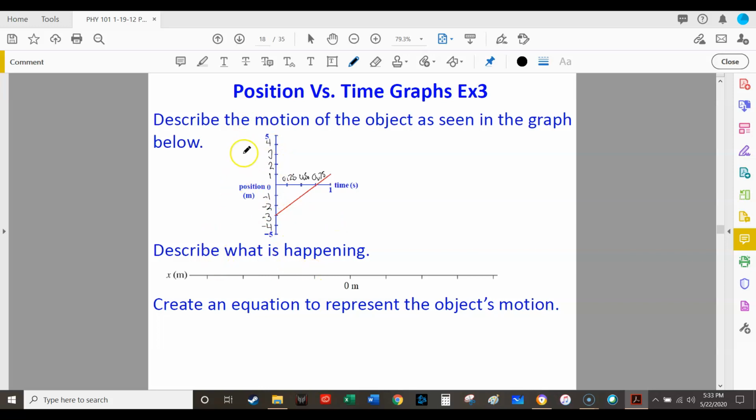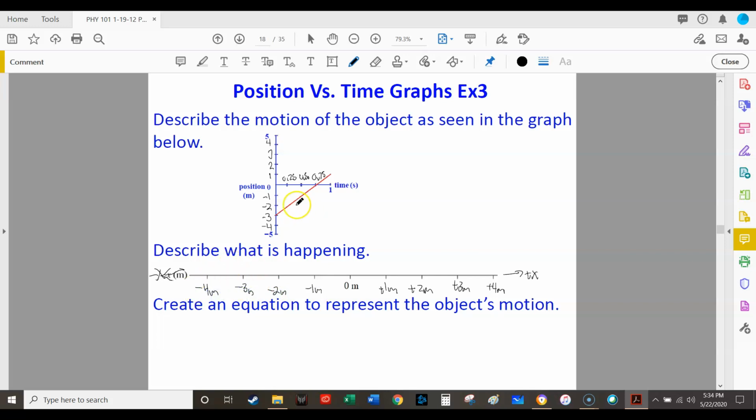Okay, so it looks like the object starts off here, and let me take a moment and actually transfer the position axis to this x-axis. So this is going to be the positive x direction. This will be the negative x direction. This will be positive 1 meter, positive 2 meters, positive 3 meters, positive 4 meters, and that's all the way that direction. -1 meter, -2 meters, -3 meters, and -4 meters.